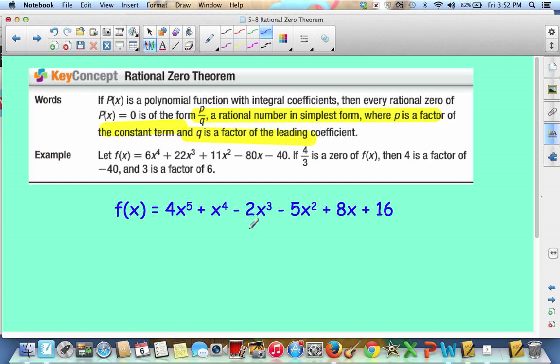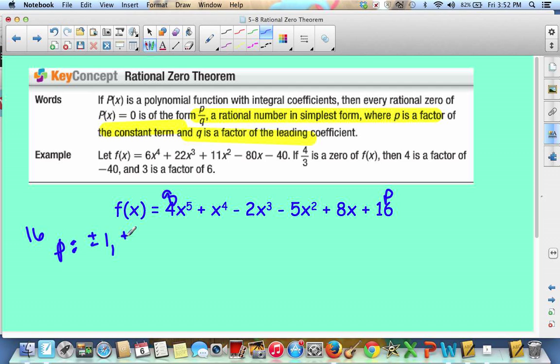So let's use this example. Q is going to be 4 here, and P is going to be 16. So let's list all the factors of 16, our P here. Well, 1 goes into 16, plus or minus 1, right? Because you could do negatives, 2 negatives equal positive, so we have to include our pluses or minuses.